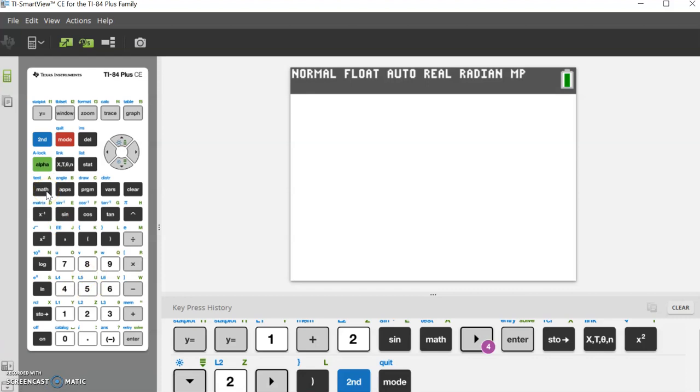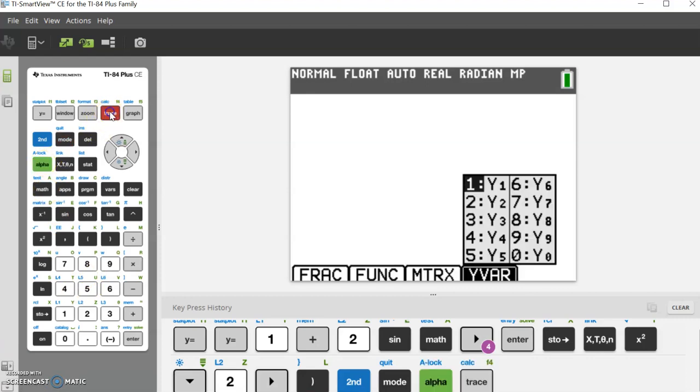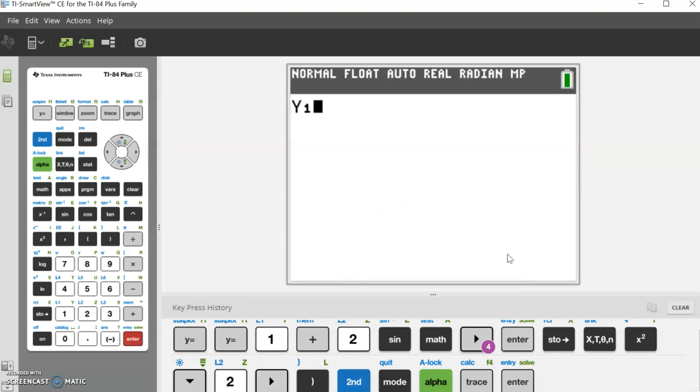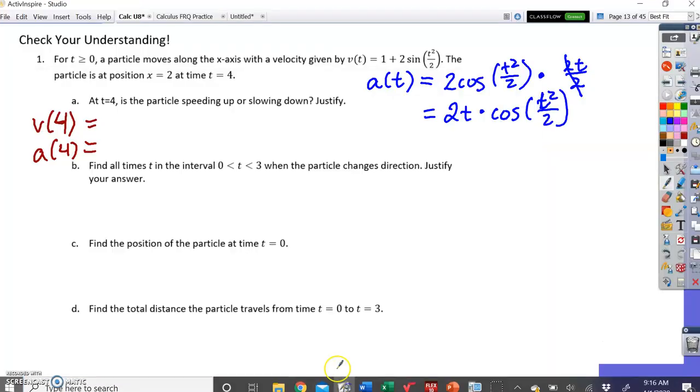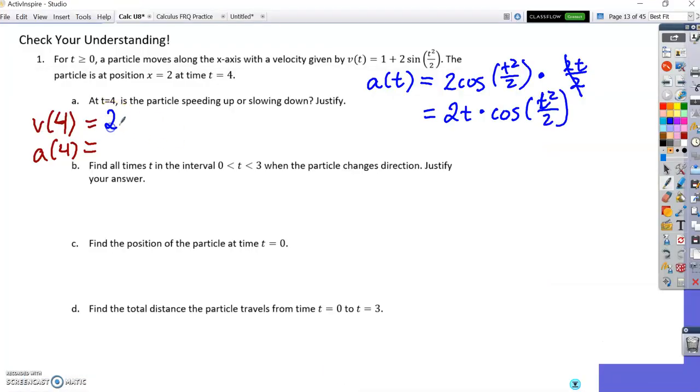So I'm going to use my alpha button. By clicking alpha trace, it brings up all the variables, and I need y1, so that's number 1. And y1 at 4, written that way, is the velocity evaluated at 4.